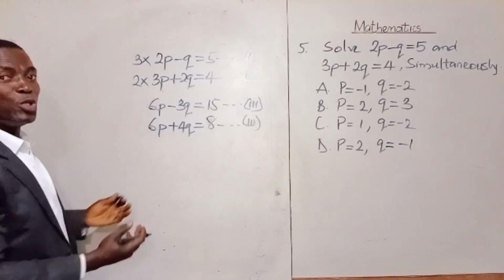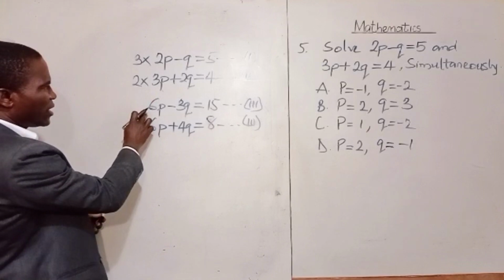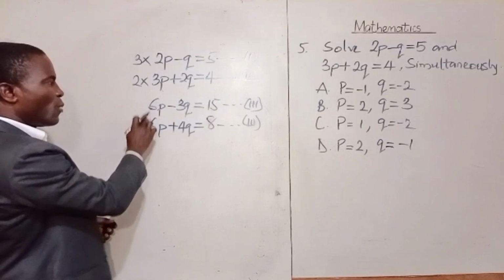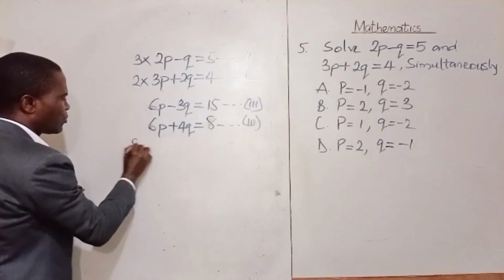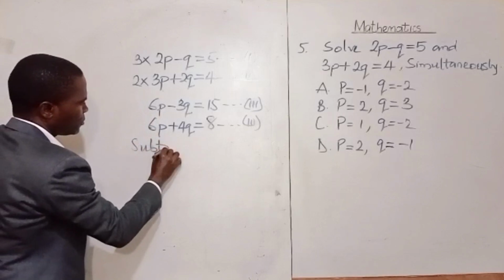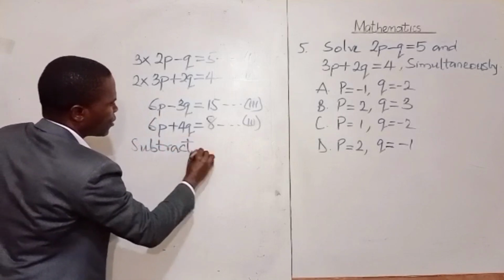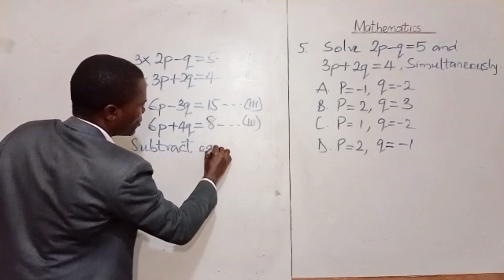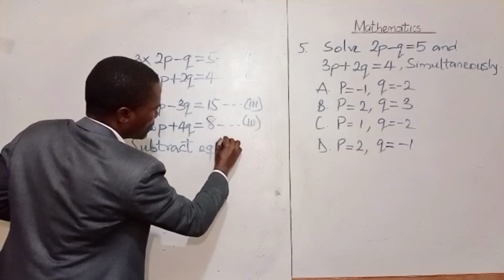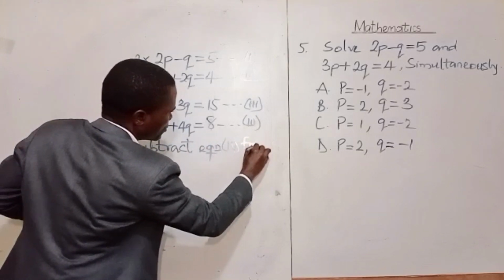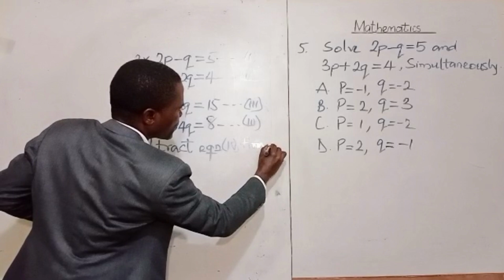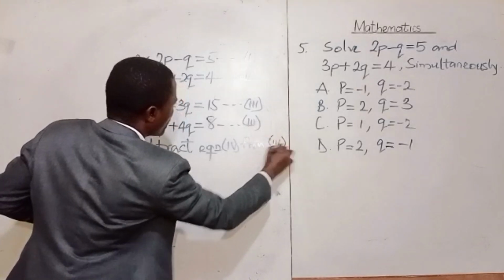How do we eliminate? We use subtraction. Subtract equation 4 from equation 3.